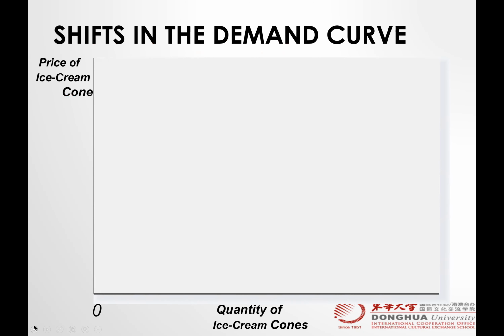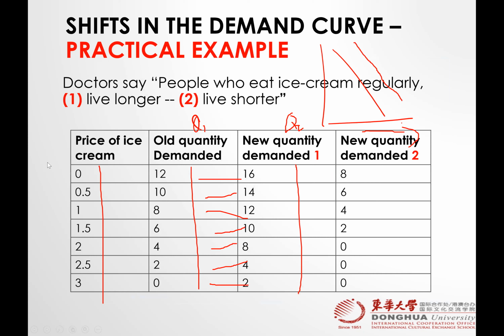So you see here, in the previous slide, price is the same and new quantity demanded has increased. So increase means we would have a new demand curve, and that demand curve would be on the right side of the old one, which means shift to the right. And in the second scenario in which demand has decreased, demand would be shifted to the left side.